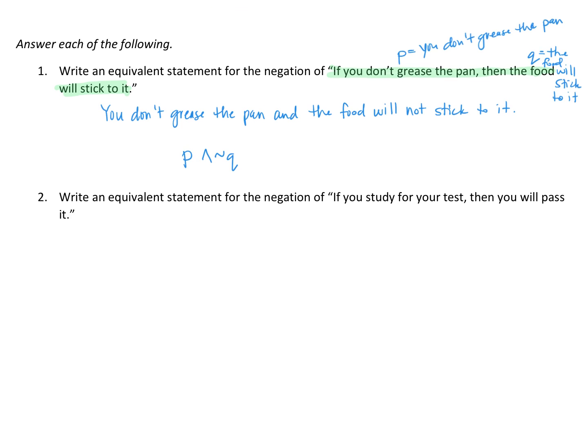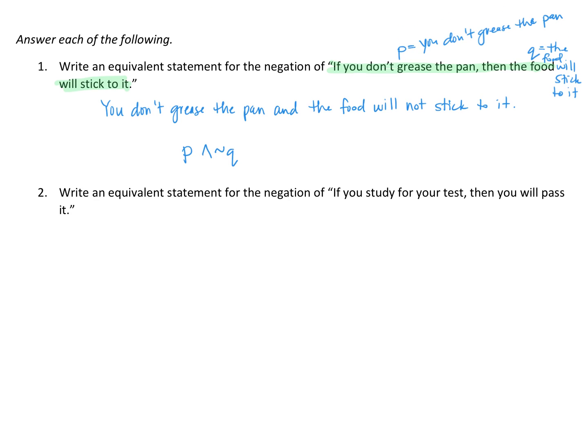Okay, let's look at number 2. So we want to write an equivalent statement for the negation of, if you study for your test, then you will pass it. So P is going to be you study for your test. Q is going to be you will pass your test.